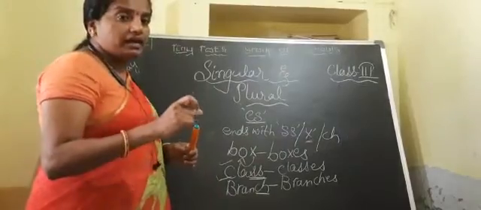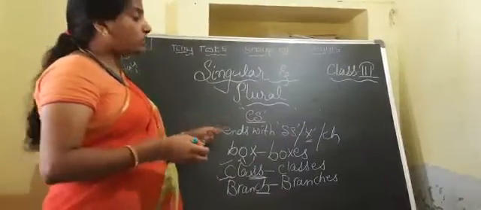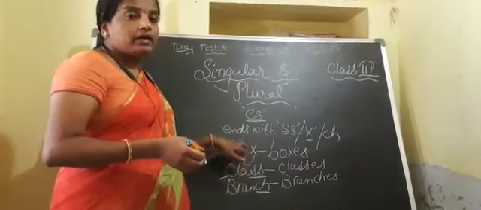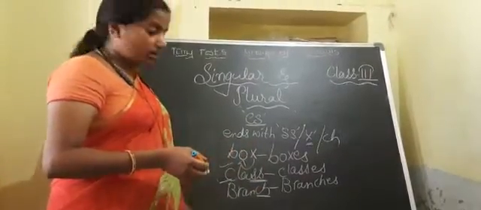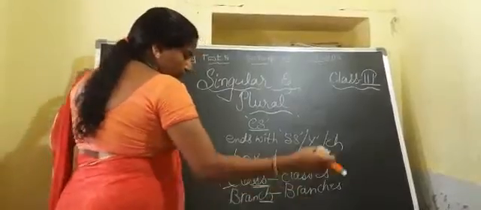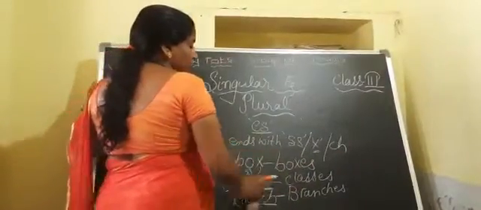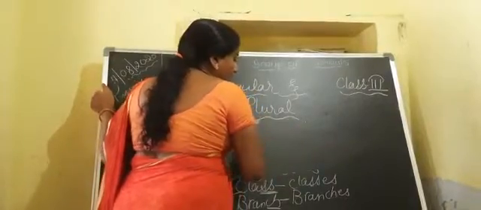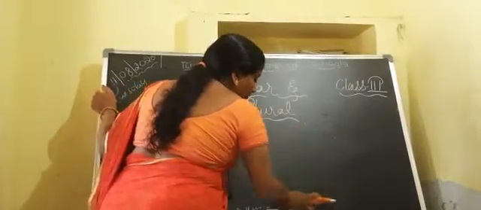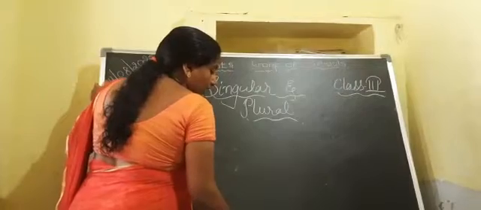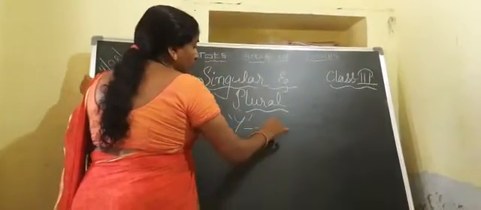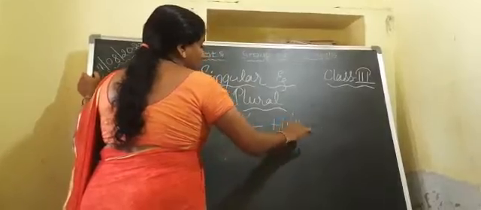Es should be added to words which end with ss, ch or x, and before x there is a vowel. And one other type of plural is to add ies. Instead of y, we have to add ies.